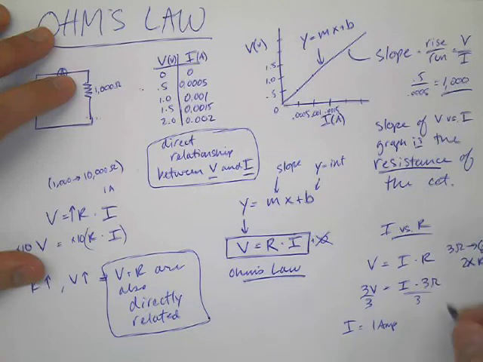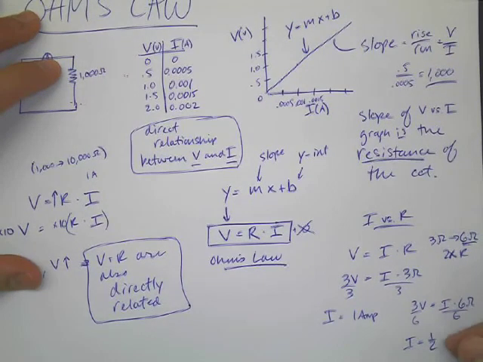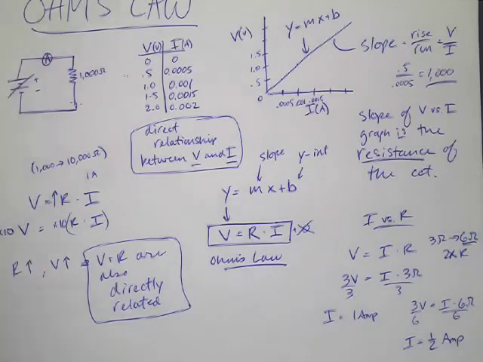So what happens to current now if I increase my resistance? If I go to 6 ohms and I rewrite that, I would have the same voltage equals the new current times my new resistance. Now this has gone up, so what has to happen to current? If I solve for I, divide both sides by 6, I get a current flow of 1/2 amp. So in the relationship between current and resistance, I increase the resistance from 3 to 6 ohms, more resistance, less flow.